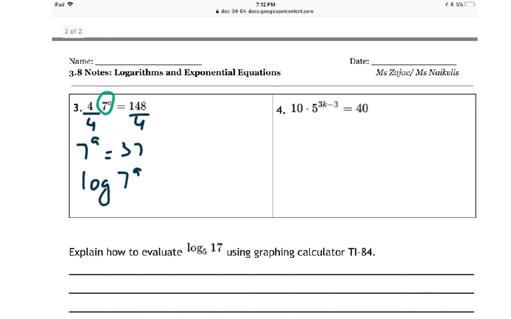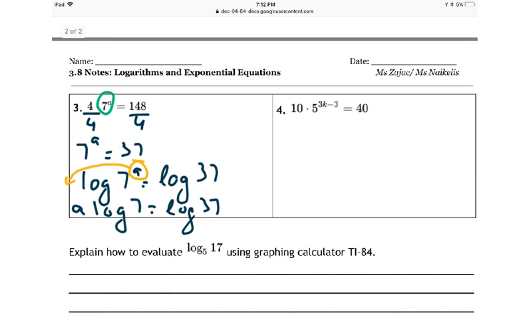Log 7 to the a equals log 37, and now we are using the power property, so a comes in front, and here a log 7 equals log 37.